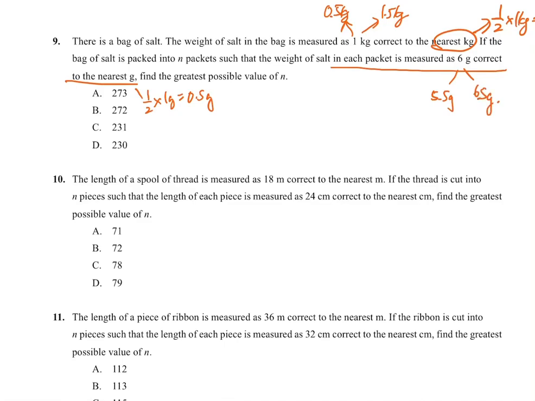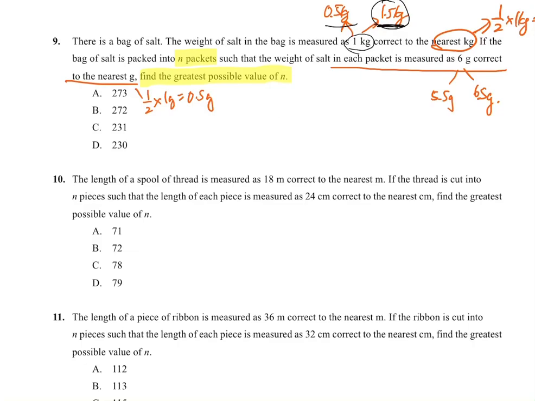Now, if you read further, they want the greatest possible number of packets of salt we can make. So we want as many packets as possible. That means for the 1 kg value, we should take the upper limit as our reading, because we want as many packets as possible. So we will use the 1.5 kg instead of the 1 kg reading they gave us, because there's an error in our reading.